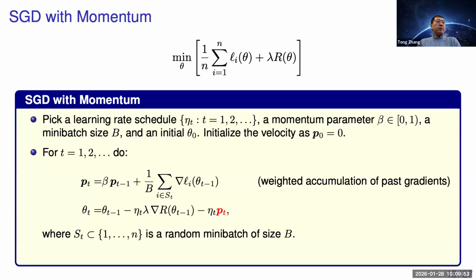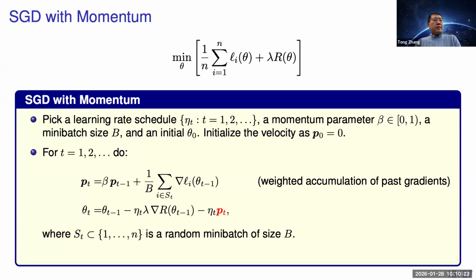Once you do that, you can accumulate gradient instead of using the current gradient to do your updates. In the momentum algorithm, the weight decay term doesn't change, because the derivative doesn't change, so it's still decaying your weights. But instead of using the current gradient for your loss, you're using the accumulated past gradient, and this smooths out your gradient.